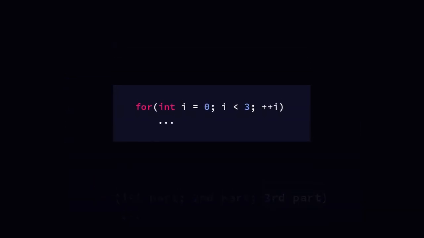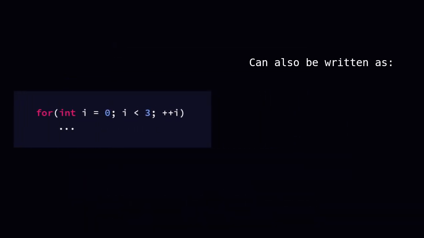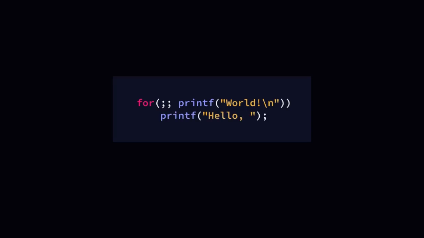You probably have seen this form before. Here, the third part is an increment operation. But you know what also happens to be an expression? A function call. In fact, if we wanted to, we could print hello world like this.